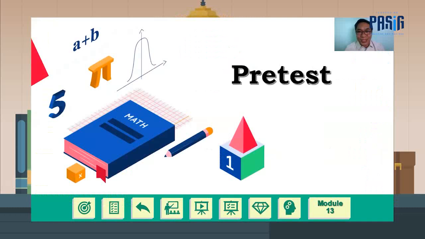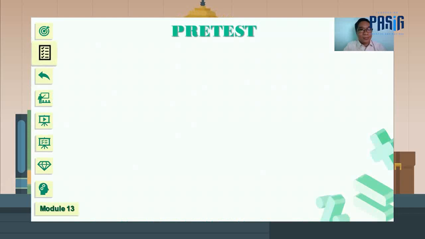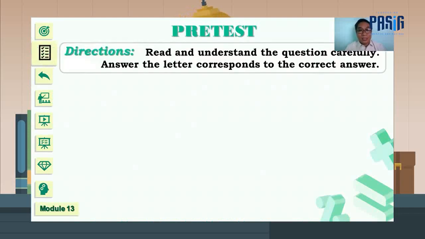But before we proceed to our lesson, you may get a sheet of paper, number 1 to 5, for your pretest. You may pause the video, read the question, and click to continue after answering each number. The direction is: read and understand the question carefully and write the letter corresponding to the correct answer.